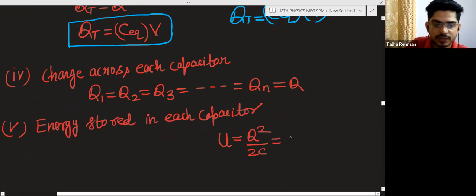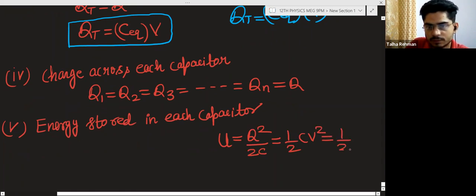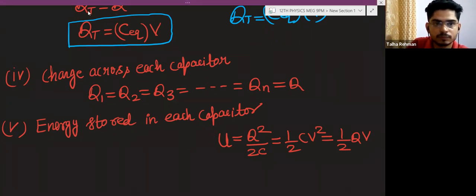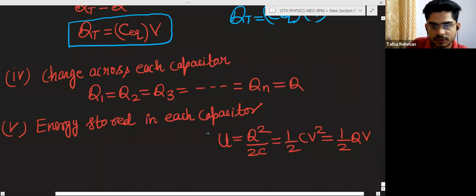Second formula is half CV square. And another formula is half QV. You can apply any of the formulas to calculate the energy, and I am applying one here.